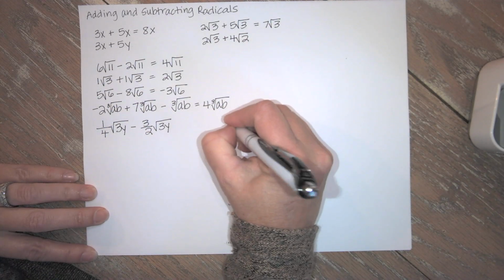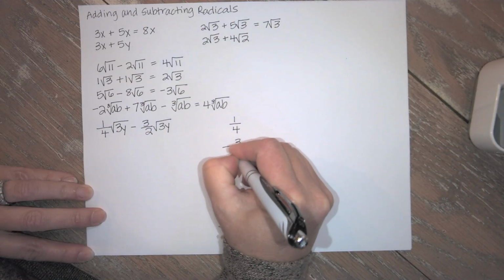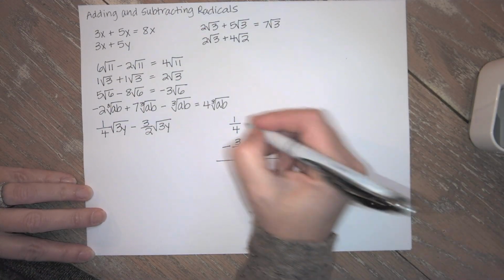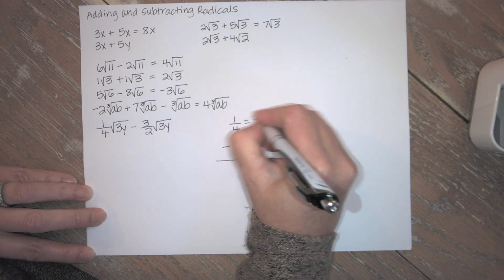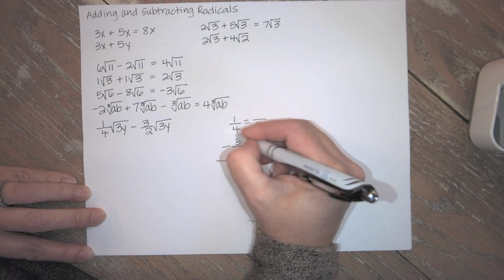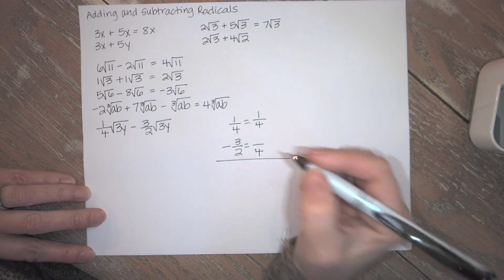When we subtract fractions, we've got to get a common denominator. So my common denominator for 4 and 2 is going to be 4. Up top, I've already got a fraction with a denominator of 4, so I don't have to make any changes to that.